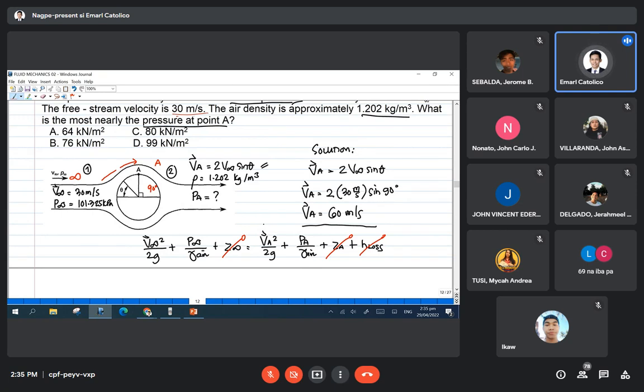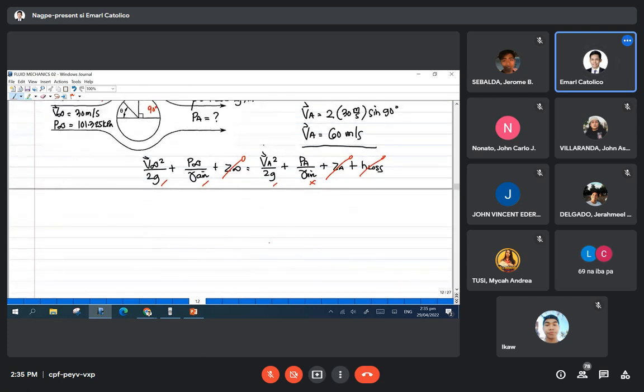So V of infinity, given naman siya. VA, yan yung nakuha natin, 60 meters per second. So one equation, one unknown, itong ating equation. So masasolve natin siya. So V of infinity is 30 squared meters squared per second squared divided by 2 times 9.81 meters per second squared.